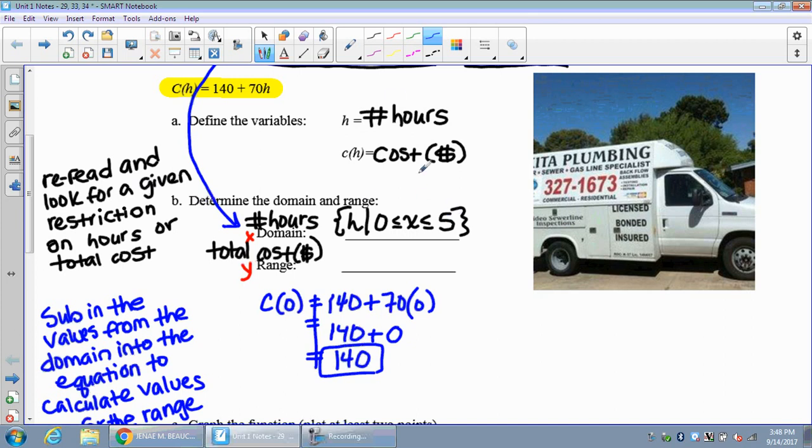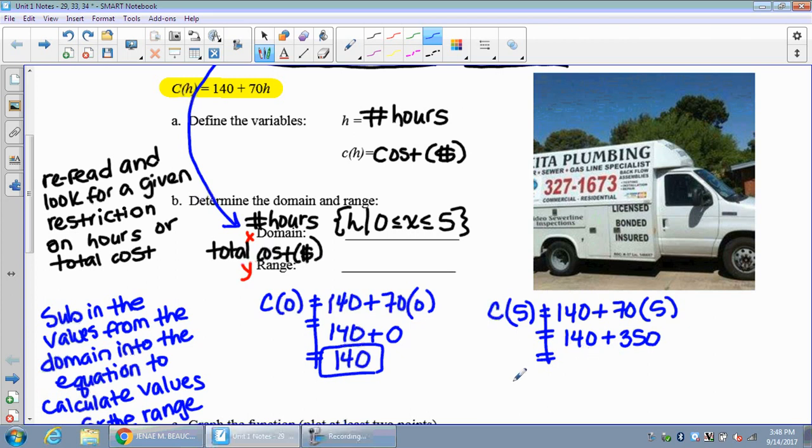Now we're going to take 5 next and plug in 5. So C of 5 equals 140 plus 70 times 5. Draw a line. We've got 140 plus 70 times 5 is 350. If you haven't taken out your calculators yet, press pause so that you can go get your calculator and do 70 times 5.